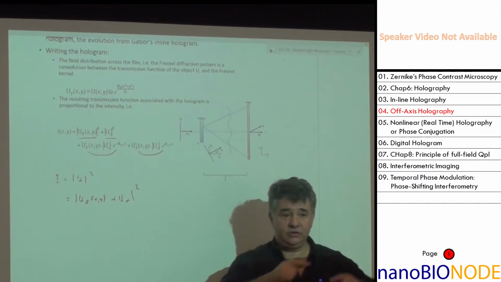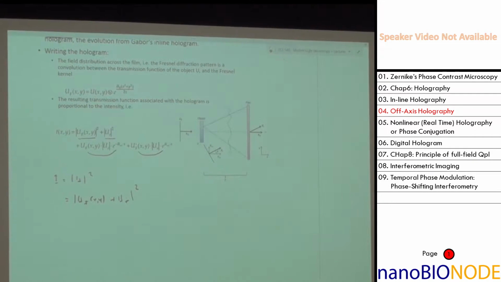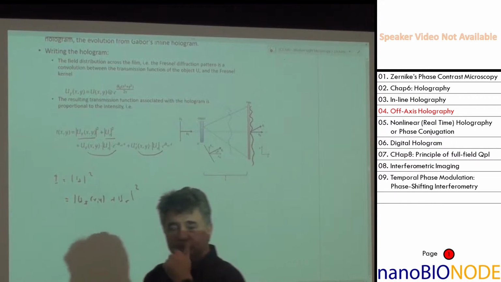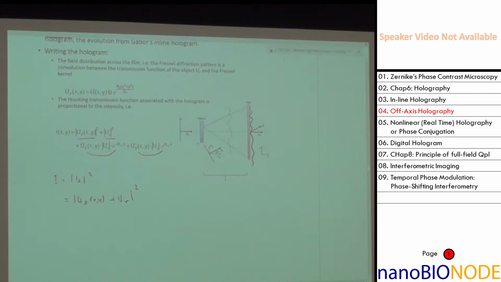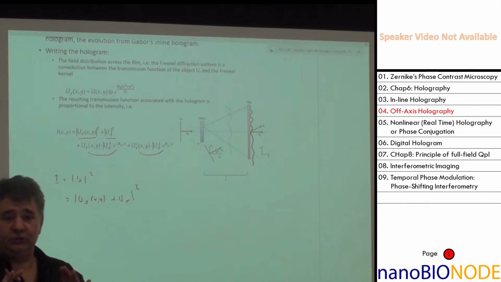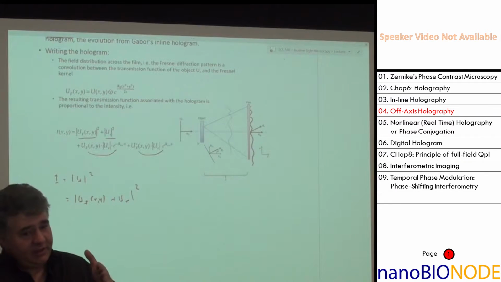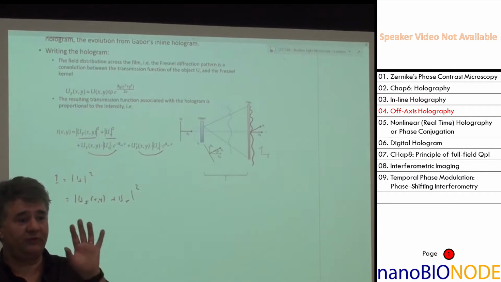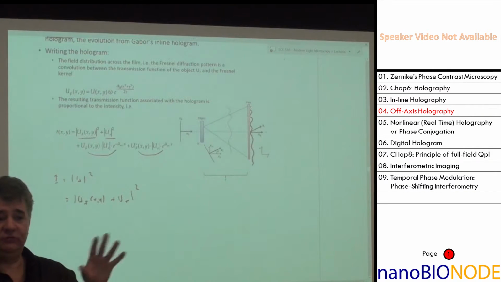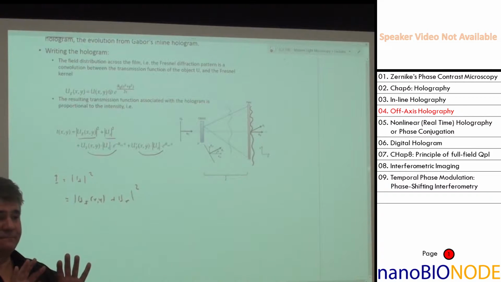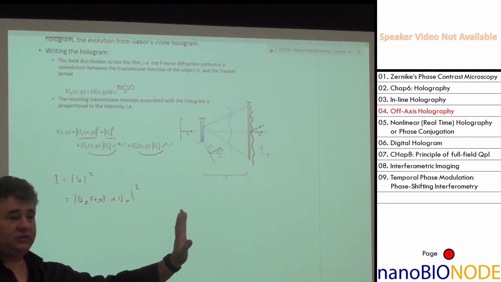This plus this is going to give me a cosine on the film. This really comes out of the modulation theorem that we did in the Fourier transform. I have my original signal, which is the same field as last time, but by adding this reference at an angle, I'm imposing a cosine on top of everything else. So when you do the Fourier transform of that, it's going to split your image in two.